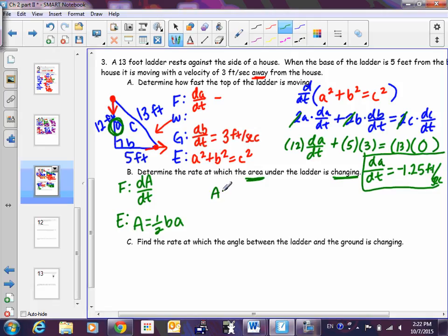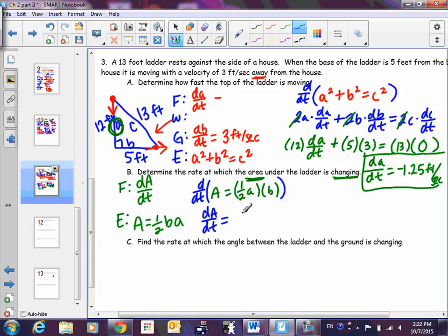Okay, so when I rewrite this, I am going to actually put parentheses around the two pieces because I need to use product rule. The left side ends up just being dA over dt. On the right side, I need to use product rule. I'm multiplying two variables.